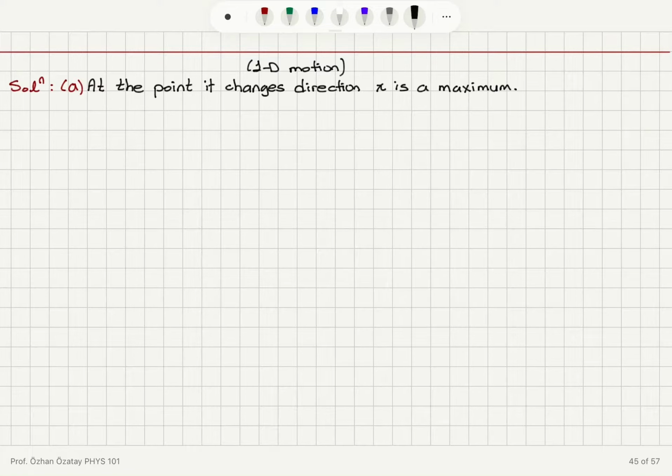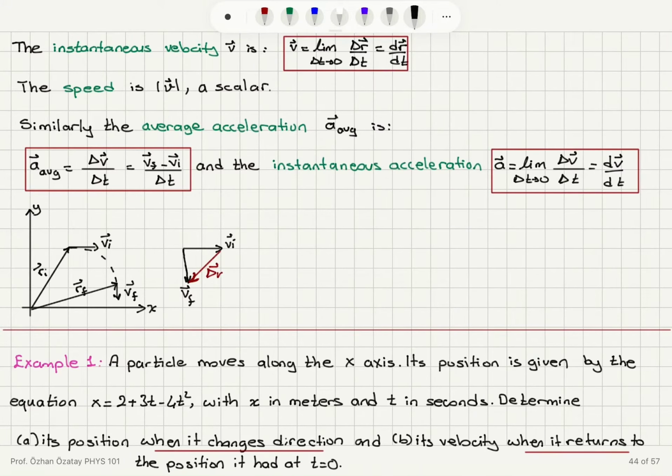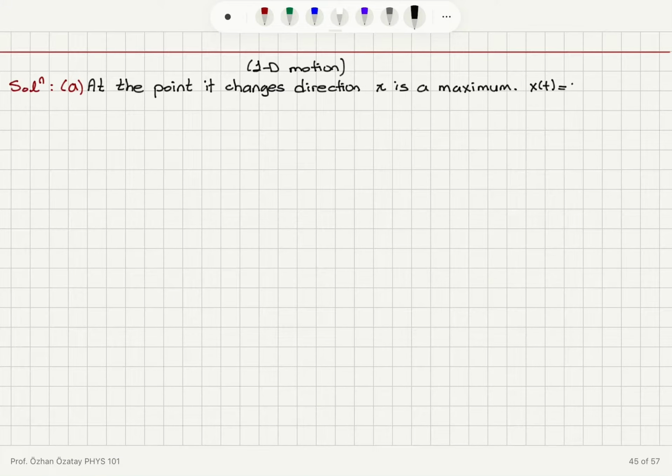Now, if x is a maximum, I know x of t was given as 2 plus 3t minus 4t squared, x as a function of time. So if I know position as a function of time, when the position is a maximum, that means the instantaneous velocity at that point will be 0. It will be changing direction.